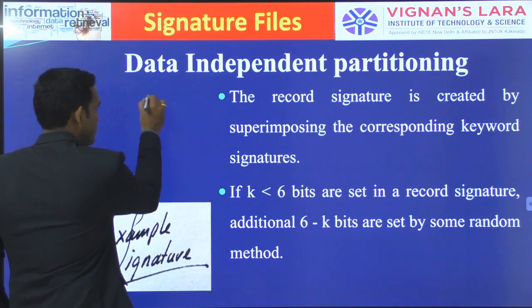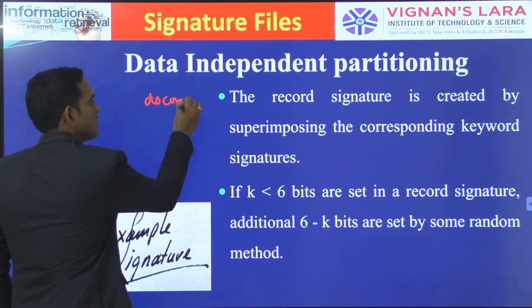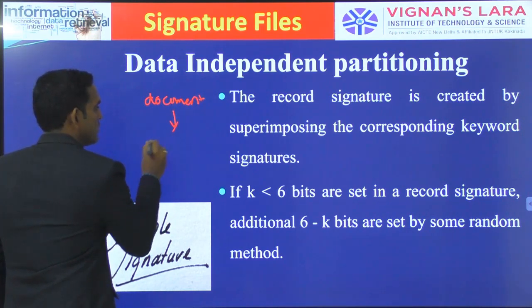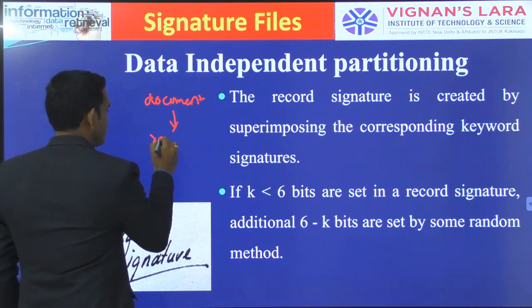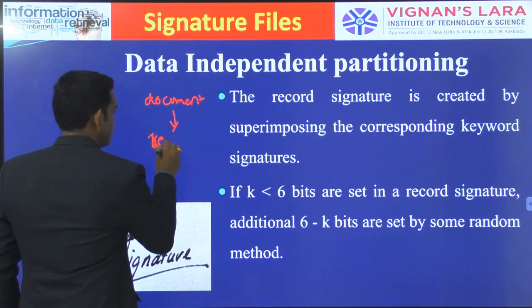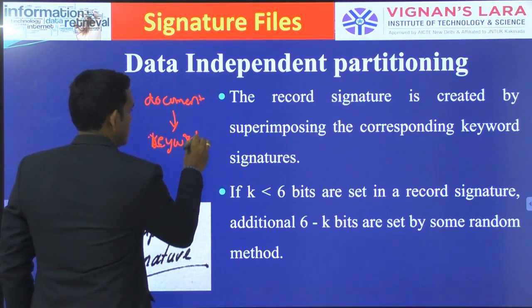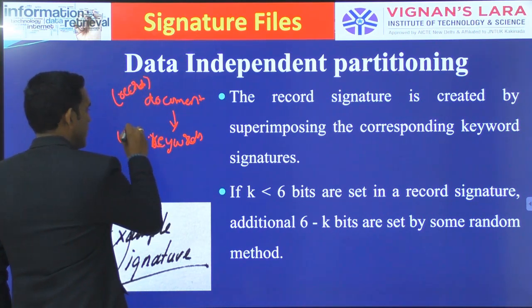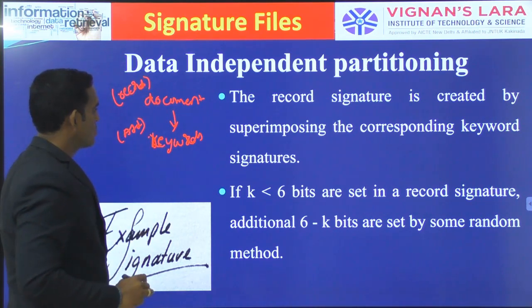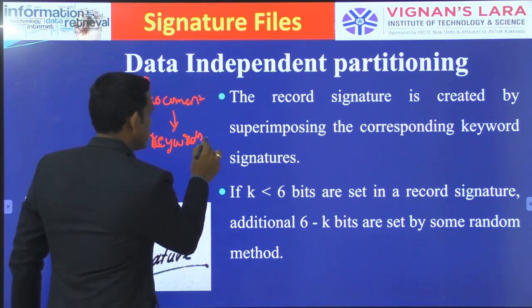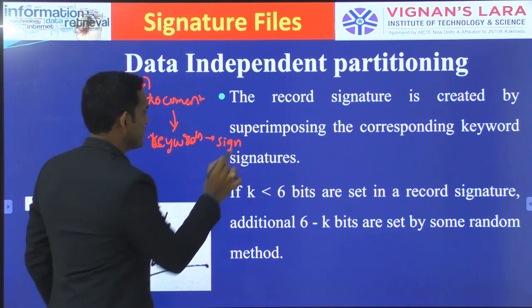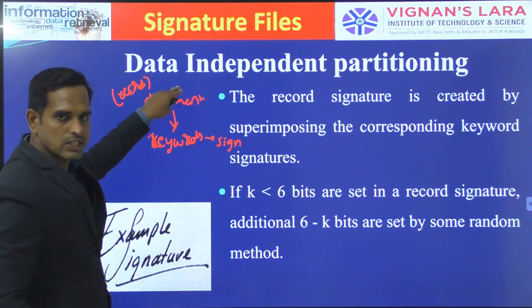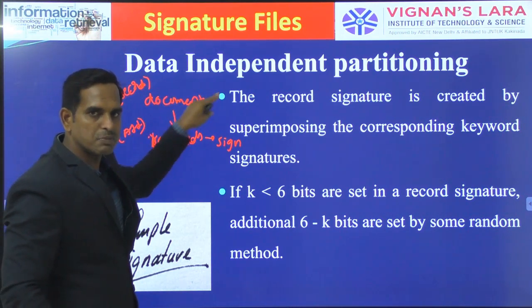If you remember, the document will have keywords. The document will be the record here, and the keywords will be the attributes here. From the keyword signatures you have generated, we have to generate the document signature.